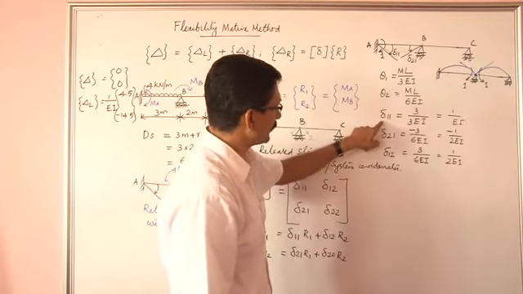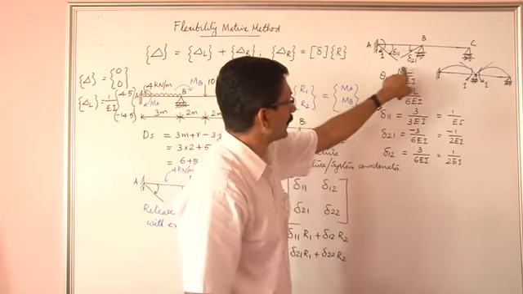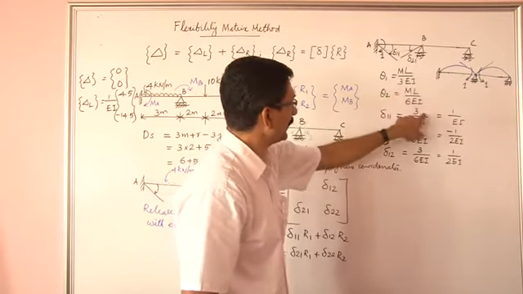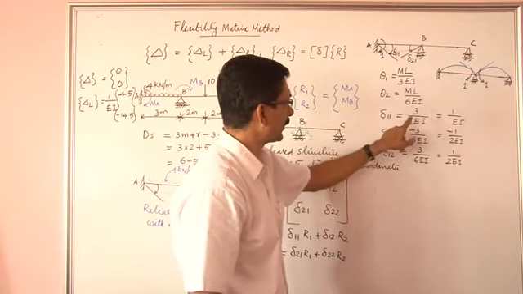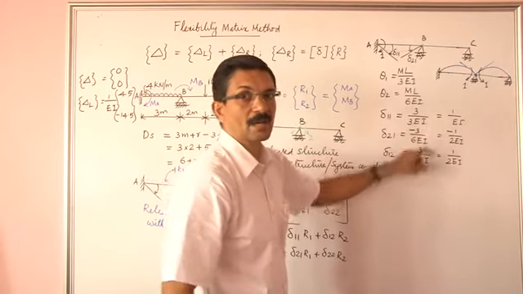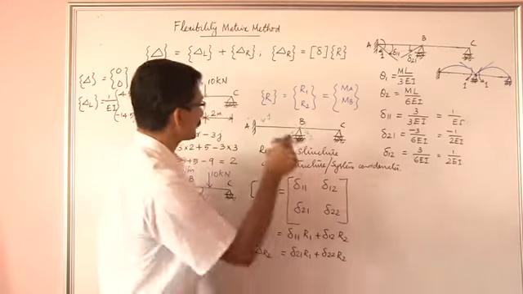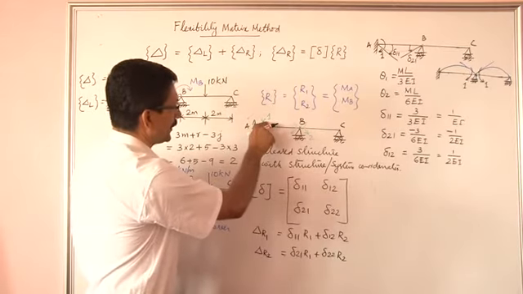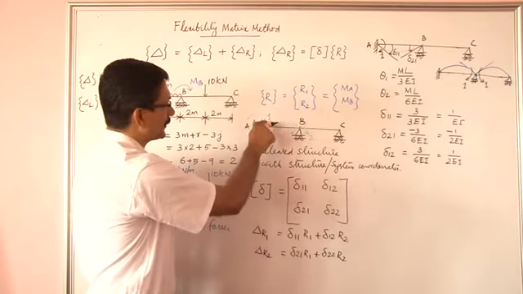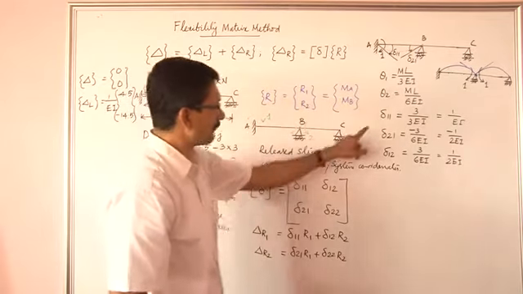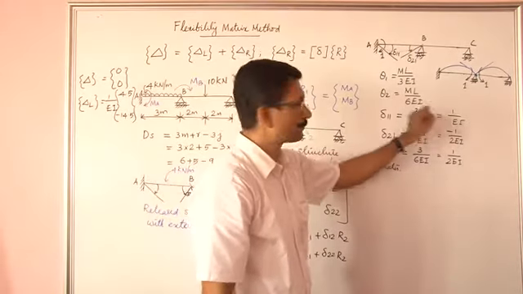So delta 11, if you replace M by 1 and L by 3 in this equation, is 3 divided by 3EI, and as per the sign convention, a clockwise rotation here is assumed as positive as per the coordinate over here. So delta 11 will be positive.